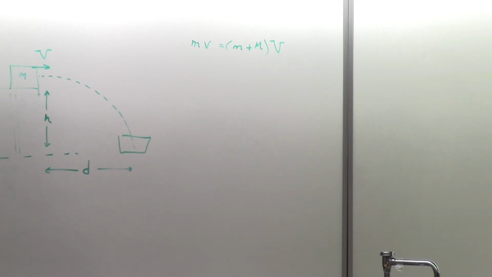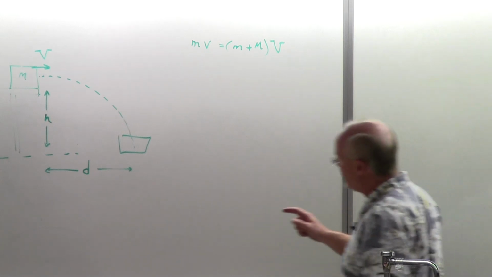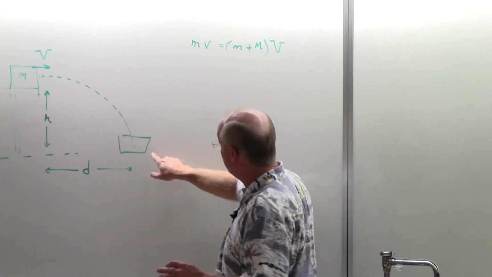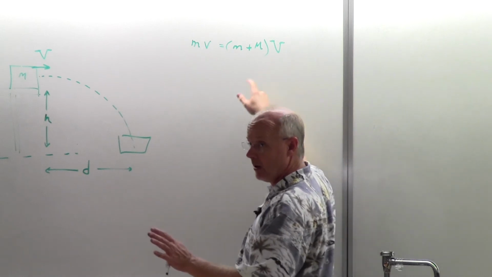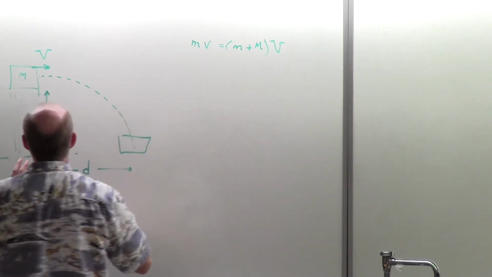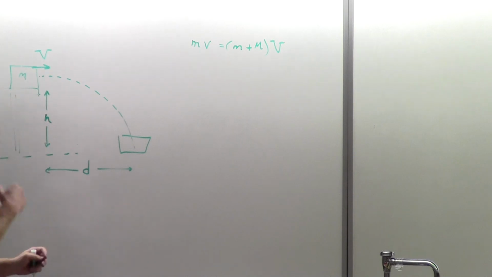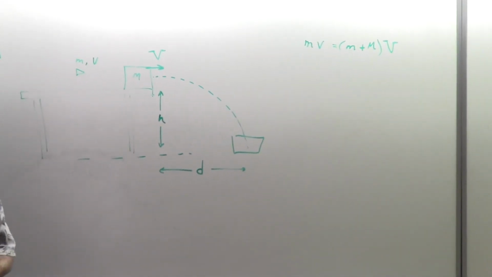After that, then the momentum begins to change. There is an external force on it. So I don't want to say that the speed down here is capital V. That's not what I'm saying. What I'm saying here is the speed right after the impact is capital V.